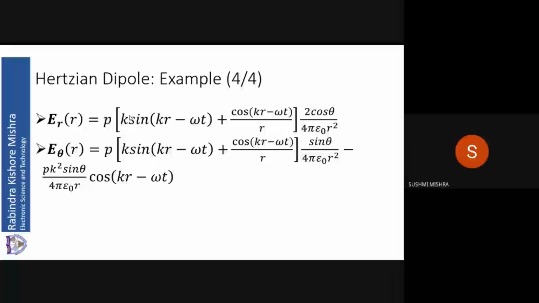Now compare these two terms. If you compare these two terms, what is the difference? The first one has only R square and R cube components, whereas the second one has dominant R component as well as R square and R cube components.